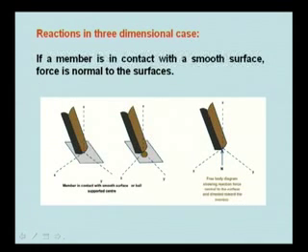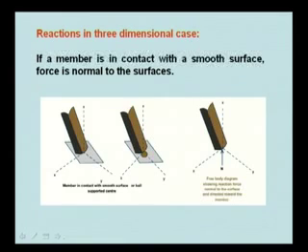Now reactions in 3-dimensional cases will be like this. If a member is in contact with a smooth surface, then the force will be normal to that surface.